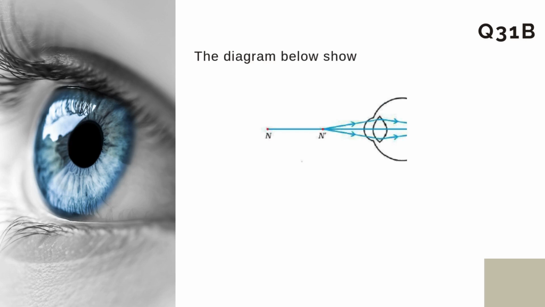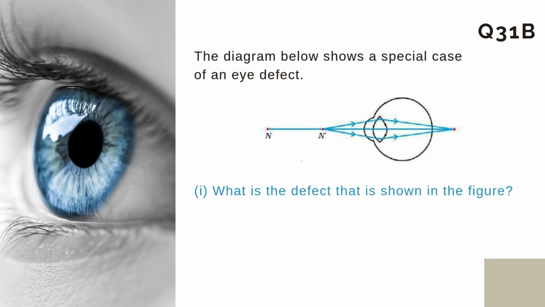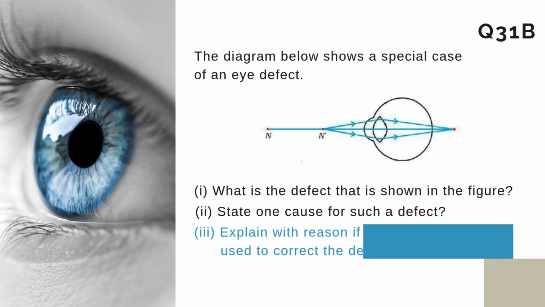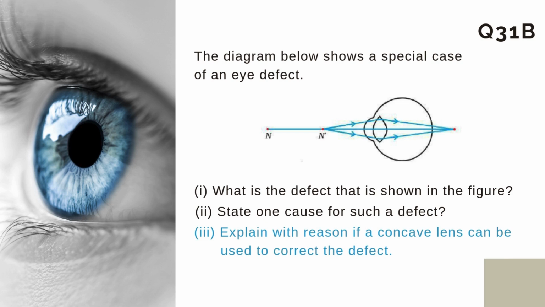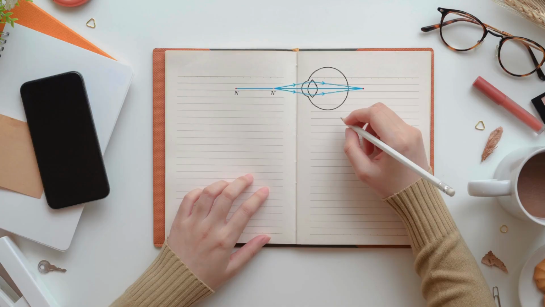The diagram below shows a special case of an eye defect. What is the defect that is shown in the figure? State one cause for such a defect. Explain with reason if a concave lens can be used to correct the defect. Now, we can see from the figure that here the light rays focus behind the retina.